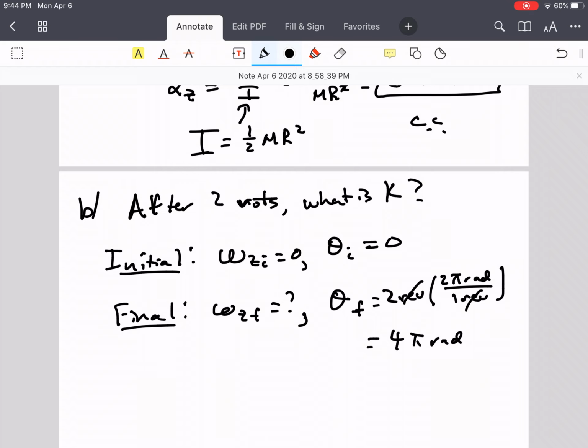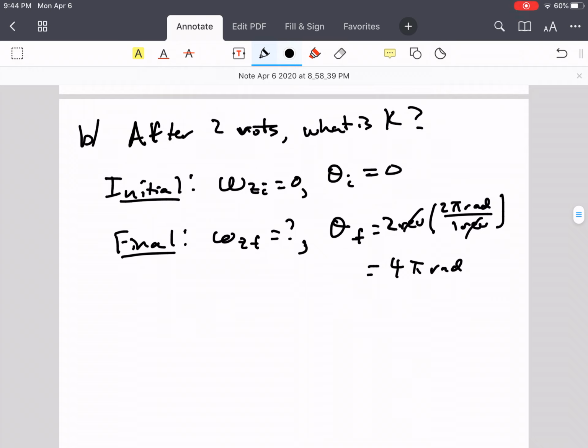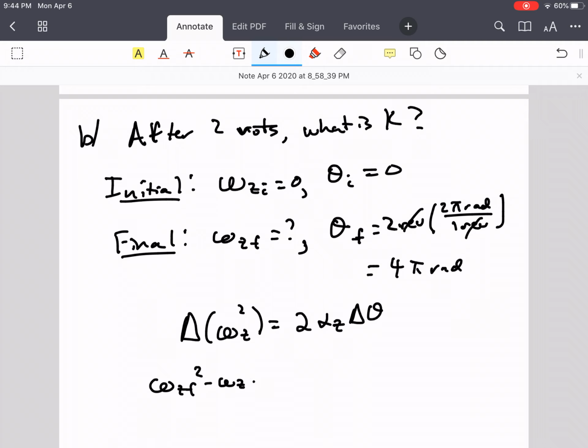Alrighty, so then I just go into my formulas for constant angular acceleration. The one we're going to use is delta omega z squared is equal to 2 alpha z delta theta. So that's omega z final squared minus omega z initial squared is equal to 2 alpha z delta theta. And I should say delta theta is theta final minus theta initial.